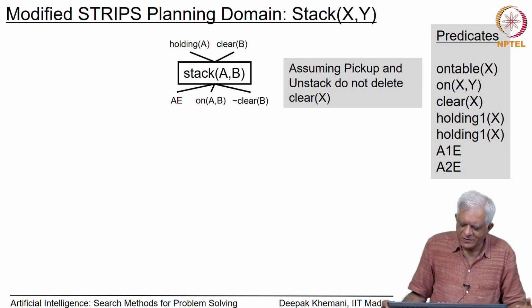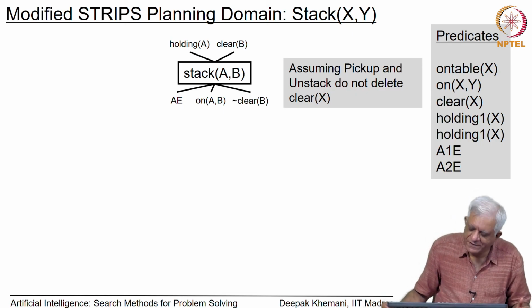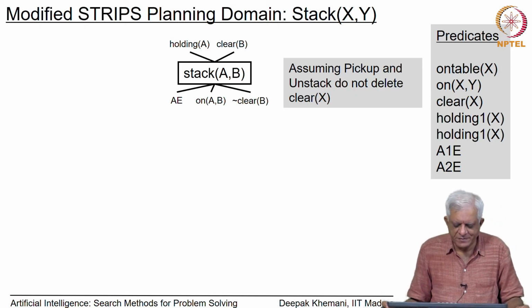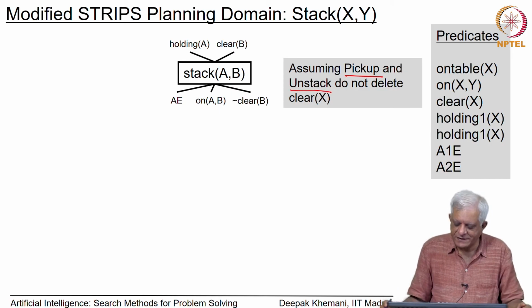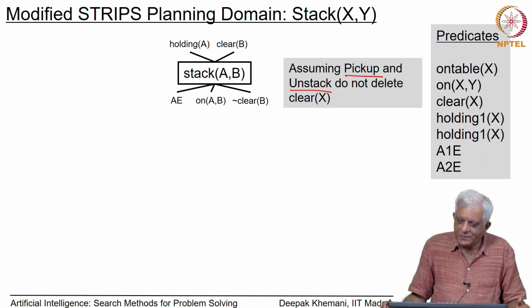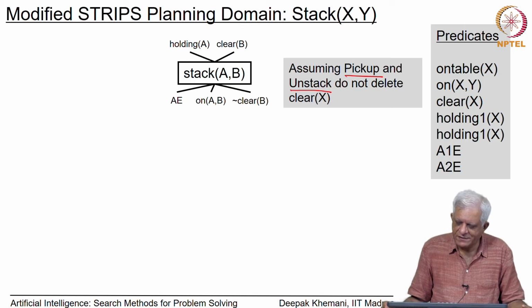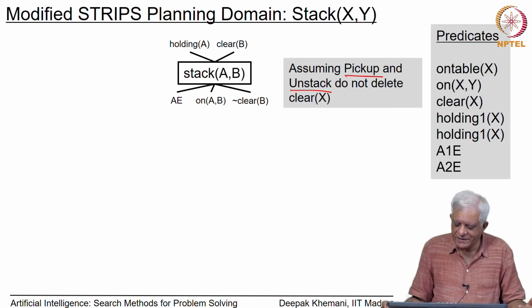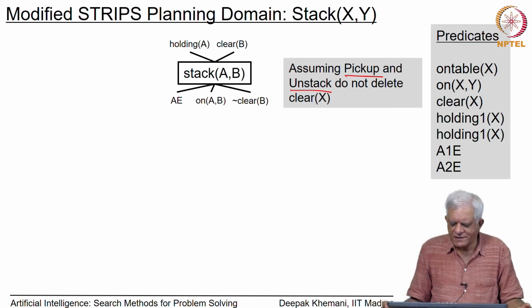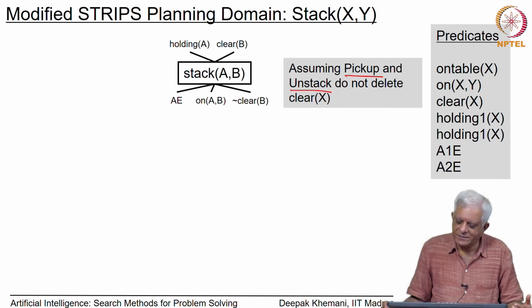There is something that I have not emphasized during these talks on strips planning: when you, for example, pick up an object from the table or unstack it from another object, that object X, let us say, at the moment when you pick up or unstack, one of the preconditions is that the object must be clear. So, clear X must be true. So, should we delete clear X or should we let it be?